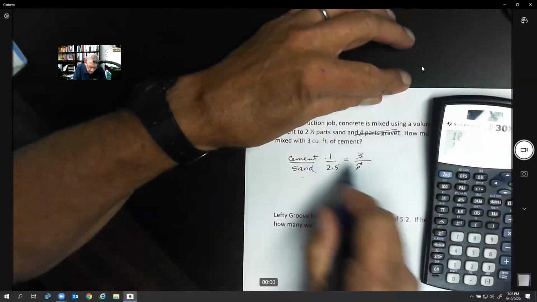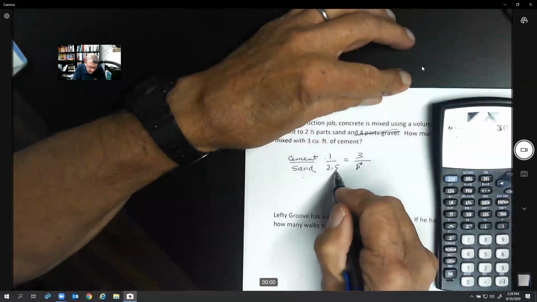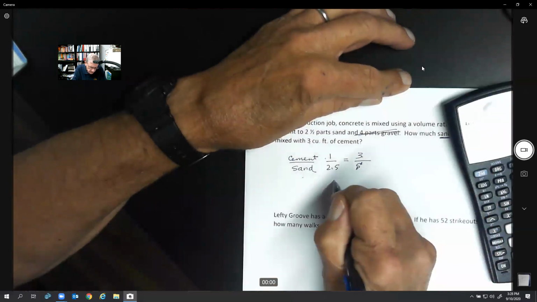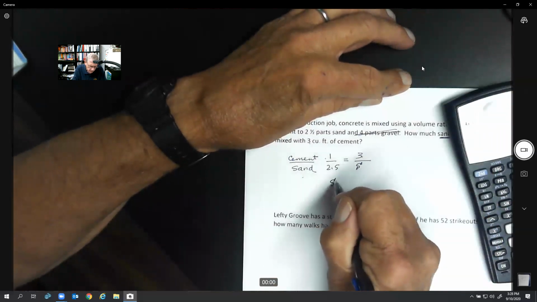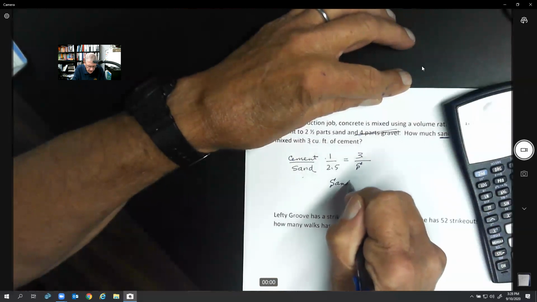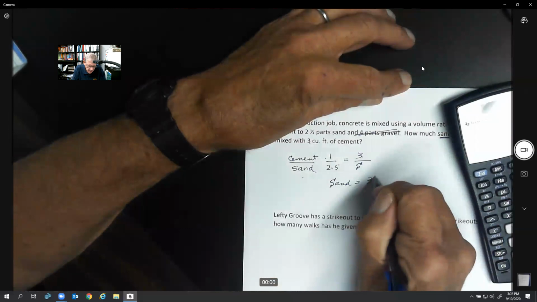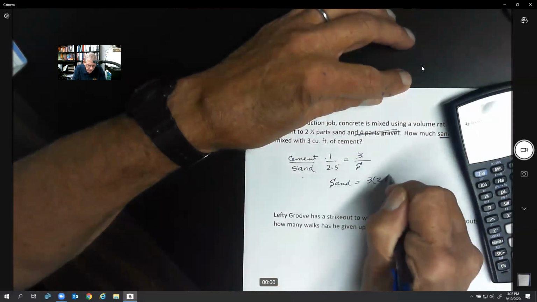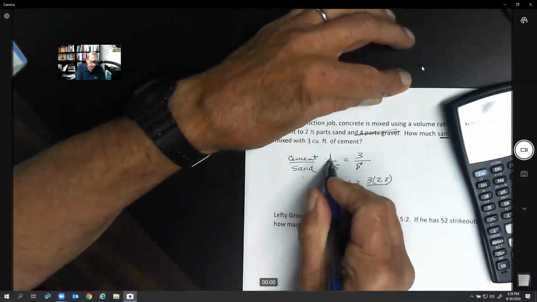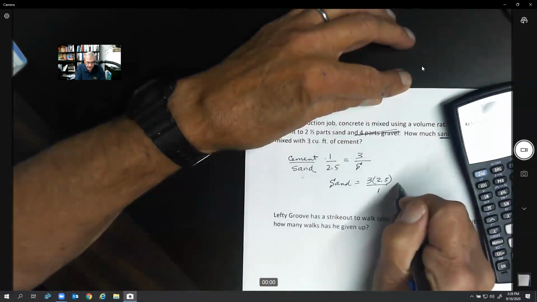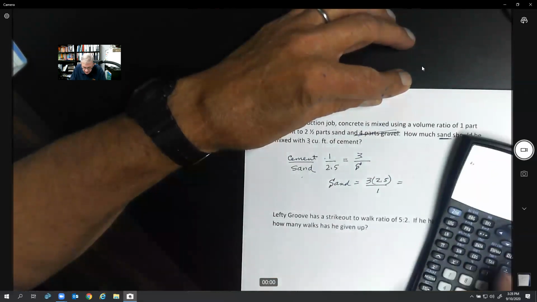So how do I solve that? Well, I multiply these 2. We're looking for sand. If you want to write it out, you can. Sand is equal to 3 times 2.5. And then we're going to divide by the number that's left, which is 1, which is not really going to change anything.